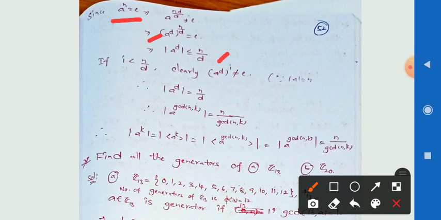Then the order of a power d is less than or equal to n by d. If i is less than n by d, clearly a power d whole power i is not equal to e. Why? Because a power n is equal to e. Therefore the order of a power d is equal to n by d.